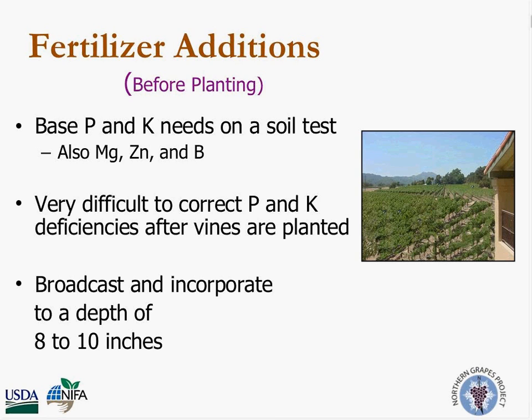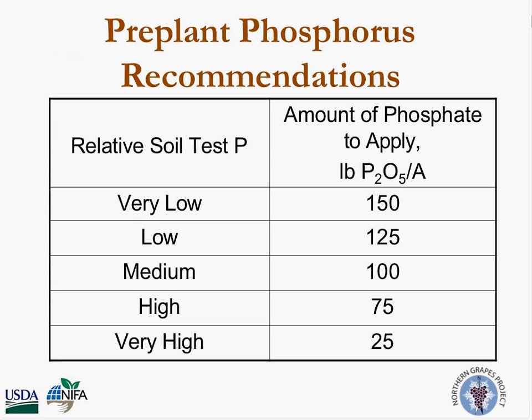In terms of recommendations based on a soil test, what I have here is the relative soil test level. These are usually categorized by the soil testing laboratory, going from very low to very high. And these would be the recommendations that we would make in the upper Midwest for the amount of phosphate to apply before planting based on the soil test.